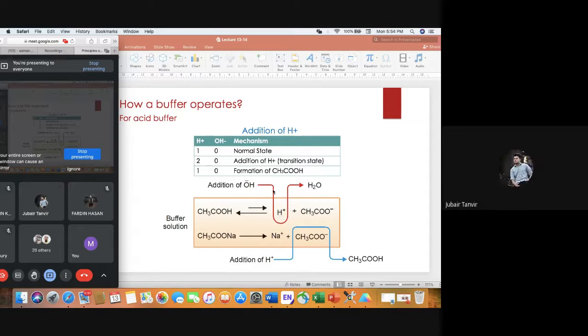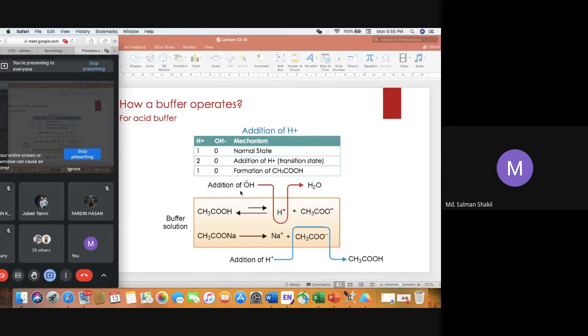Yes, sir. And if this proton is finished from this system, so this reaction can't go in the backward direction, right? Right, sir. Okay, so it will again produce a proton and it will again interact with this. So that's how the pH will be controlled.